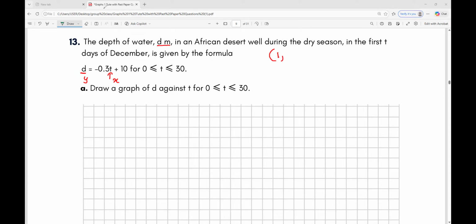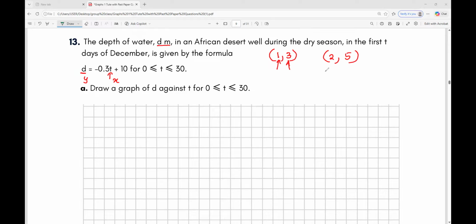If depth is 3 meters, (1, 3). 1 is the first day of December, 3 means the depth of the well, 3 meters. Second day, (2, 5). Depth is 5 meters. The 2 is the second day of December.